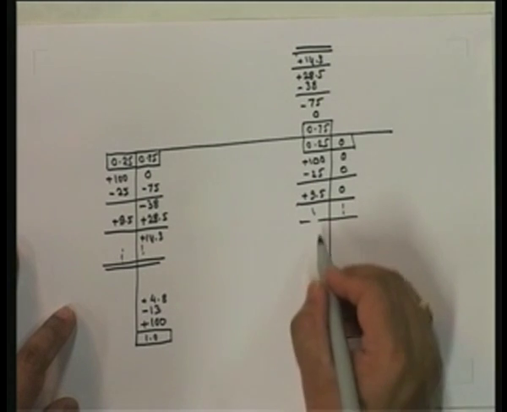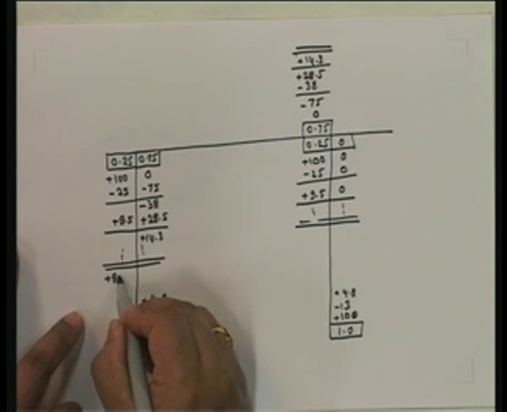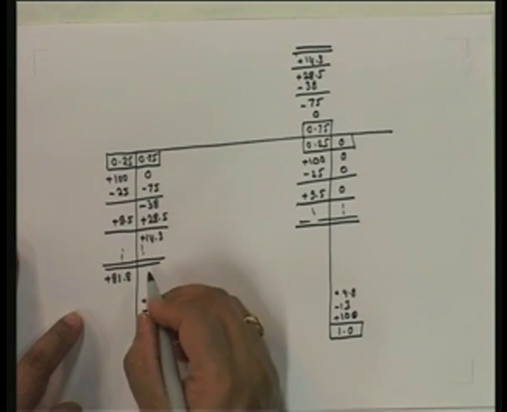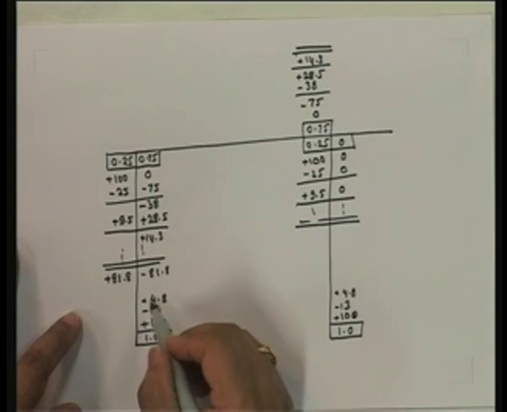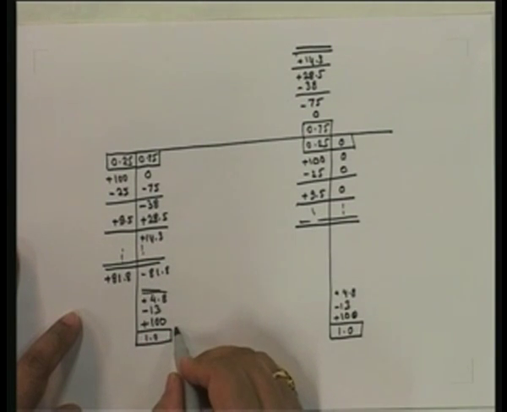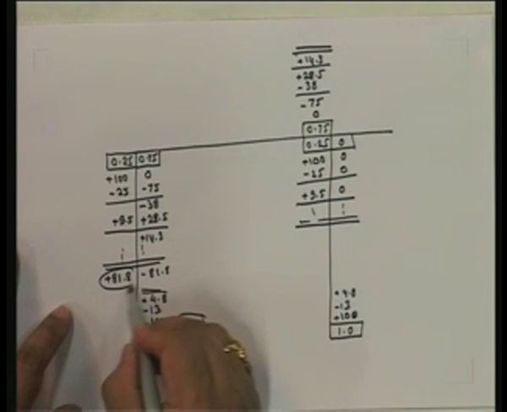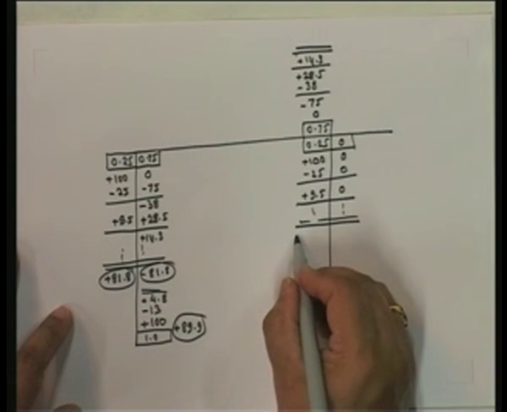These are going to be 0. So ultimately I'm putting down the final values. The final value over here is going to be plus 81.8. This is going to be minus 81.8. This is going to be equal to plus 89.9.